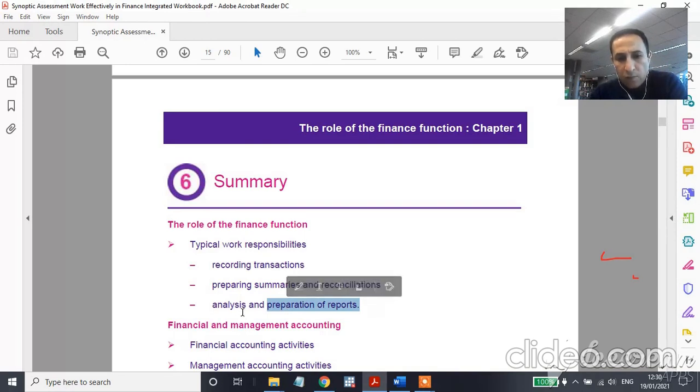This is the way to analyze and prepare a report. For example, if your liability is increasing, you have to investigate why you are unable to pay back your liability.